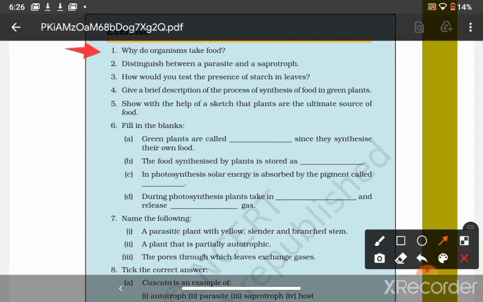Question 1, why do organisms take food? You know all the answers. Why do organisms take food?